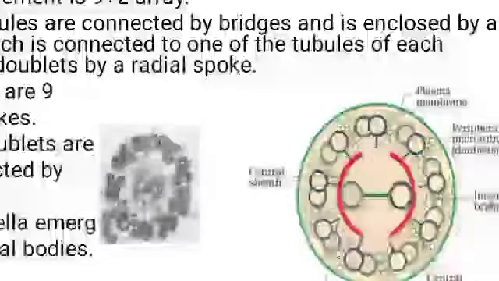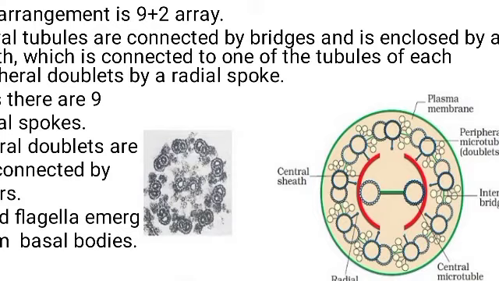Okay, and this axoneme possesses a number of microtubules which lie parallel to the long axis of the cilia or flagella. What are these microtubules? These are very minute tubular proteins. Okay.